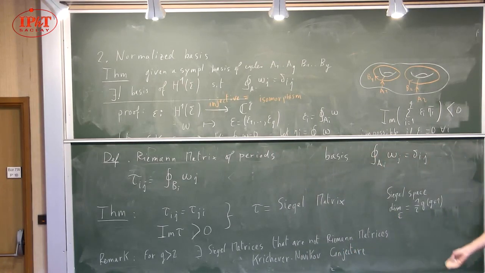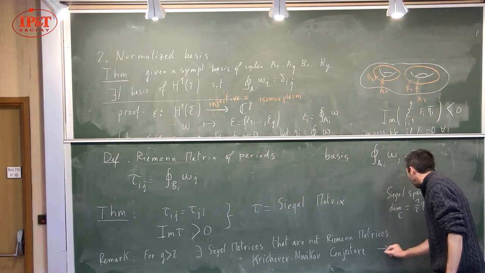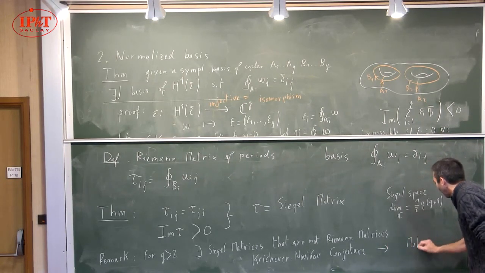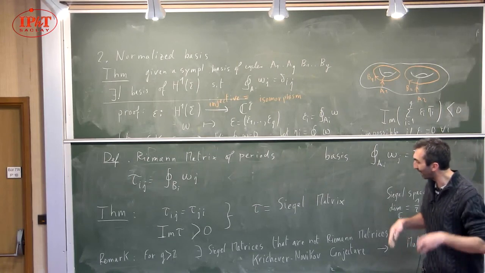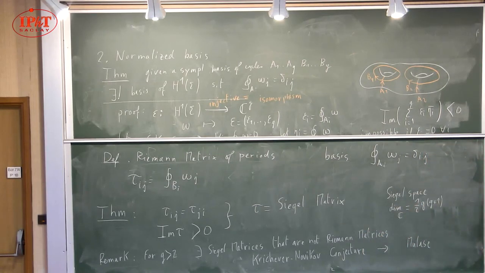They conjectured a characterization of the space of Riemann matrices within the Siegel space, but this conjecture was later proved. I'm not totally sure, but I know that Mulase did not fully prove it, but he proved basically what allows one to prove it.